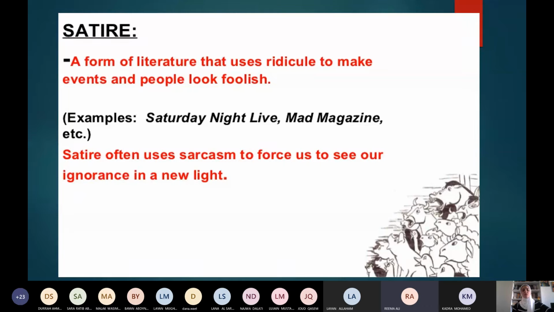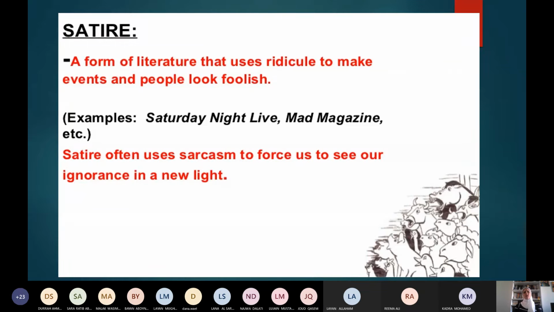He uses sarcasm to make fun of our ignorance. Ignorance is when we don't know. So he doesn't sit and say the news, he makes fun of the news. You got it? Satire is when you make fun of bad behavior, make fun of ignorance.